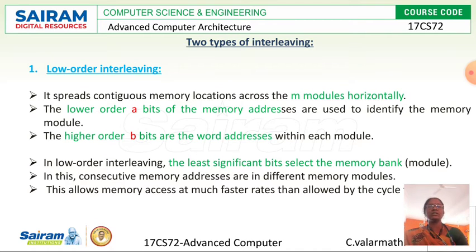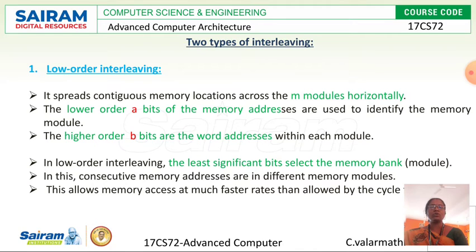Based on the bit representation in memory words, that is, how the memory address is represented, interleaving is divided into two types. One is low order interleaving, the second is high order interleaving.